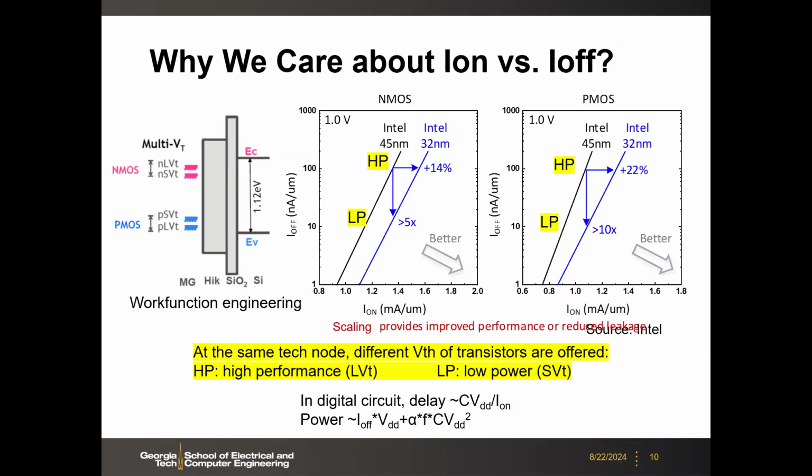Okay, so here then let's look at some real data. Let's say I on versus I off. This is from Intel's 45 to 32 nanometer transistor characteristics. You have I on in milliamp per micrometer, and then I off in nanoamp per micrometer, and this is in log scale for the I off.